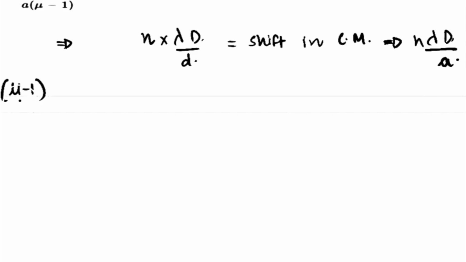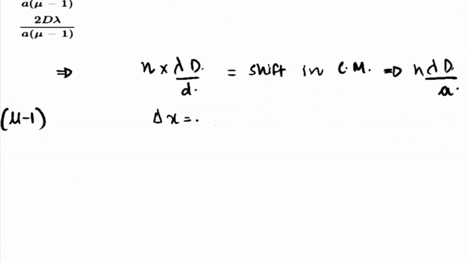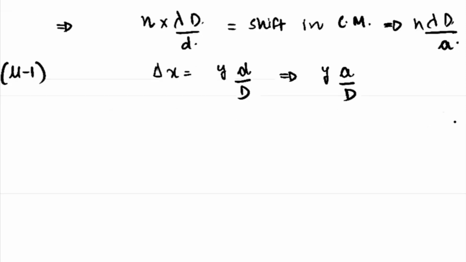Right? Now delta x is given by t of mu minus 1. And also we know the path difference at a distance y from the central maxima is given by y into small d by capital D. So here small d value is a, so y into a by capital D. Okay, this is the path difference, right? Now what is the value of y?